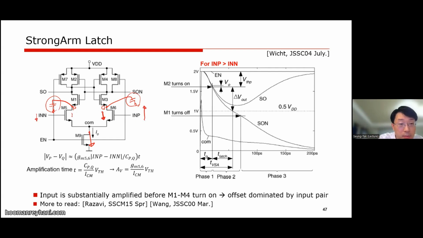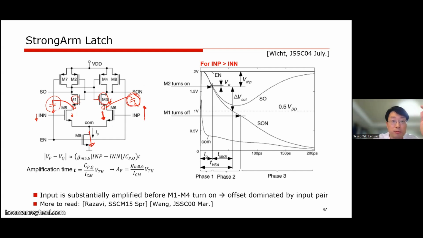Then, signal dependent, let's say input P was large and input N was smaller, then more current and smaller current will be there. So this one will discharge first, until this one reaches VDD minus threshold voltage, and then this one will be turned on. So which one turns on first makes the decision, the polarity decision.